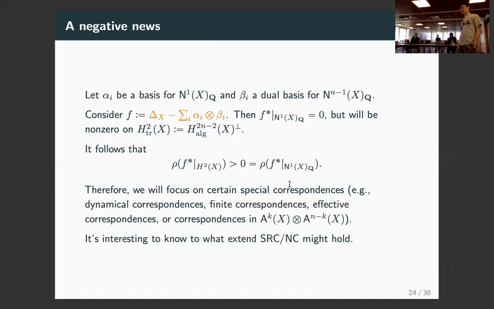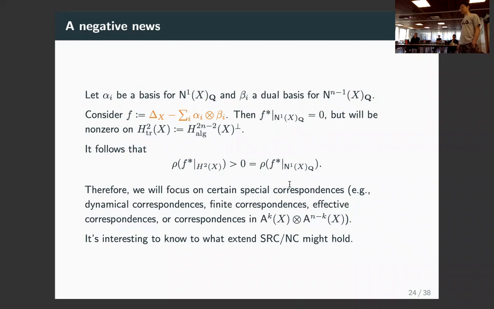Therefore, we are only focused on certain special correspondences, for example, dynamical correspondences, finite correspondences, or effective correspondences. Sometimes also correspondences of a special type, the A_K cancel with the N minus K. So it's a natural question, and it's interesting to know to what extent this SRC or NC might hold.